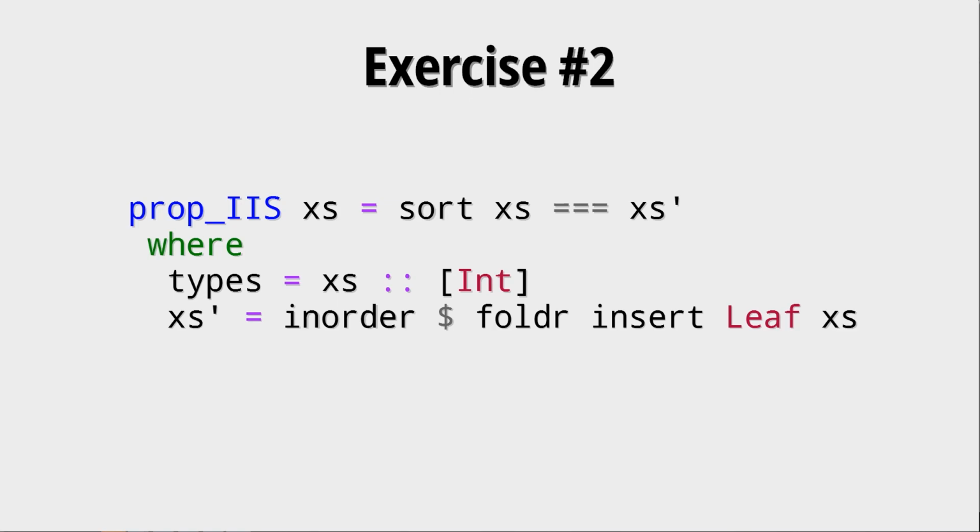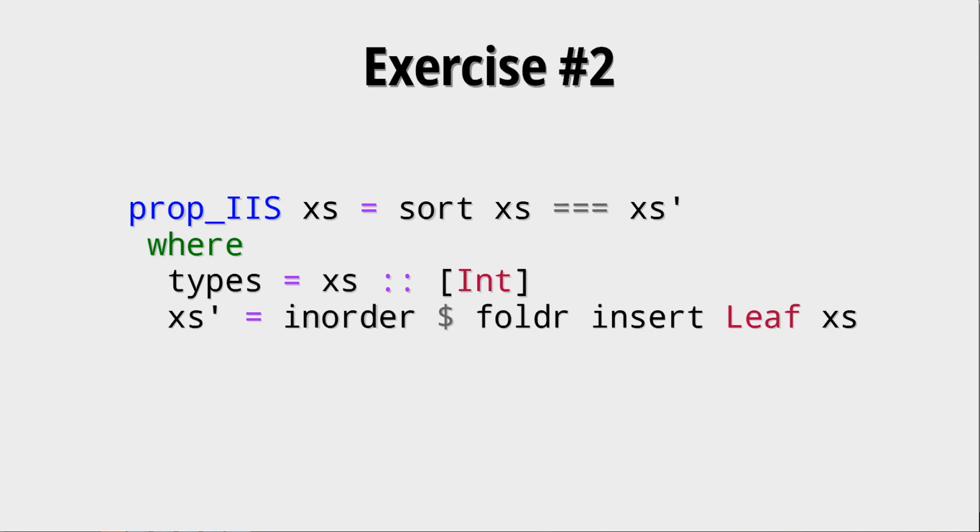So we start with a leaf, and then we insert all of the values into this binary tree. So of course, an in-order traversal of this tree, if our insert function works, should result in a sorted list. And that is precisely what this property is checking.